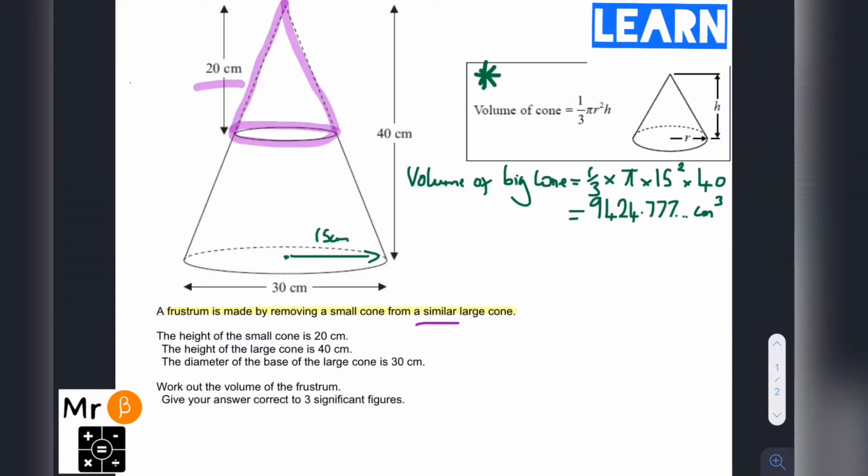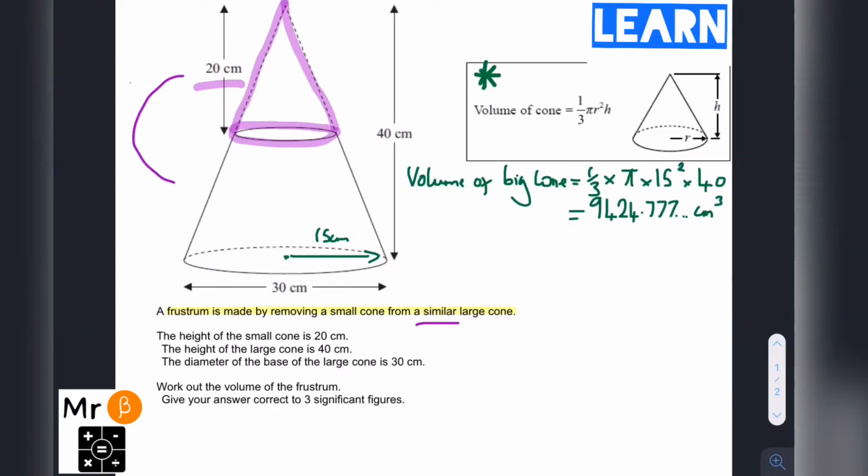And the word similar is your key point there. Because it's a similar shape, we know that it's been increased by a scale factor. So we need to work out how we've gone from your small cone to your large cone. So we know it had an original height of 20.